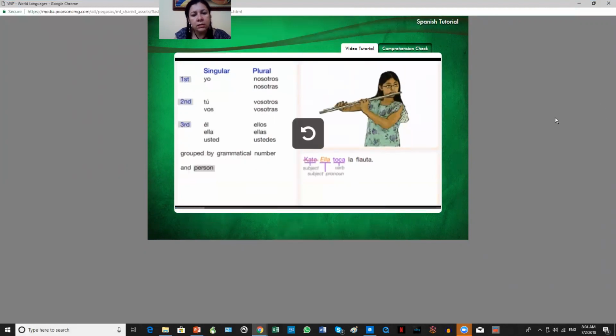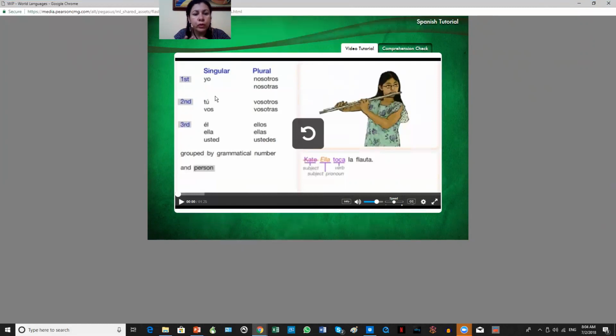And these are the subject pronouns that we have in Spanish. See, as you heard in the video, we have them grouped by a number. So we have singular yo, tú, él. In Spain, the Spanish was yo, tú, él. And then the plural will be nosotros, vosotros, ustedes.